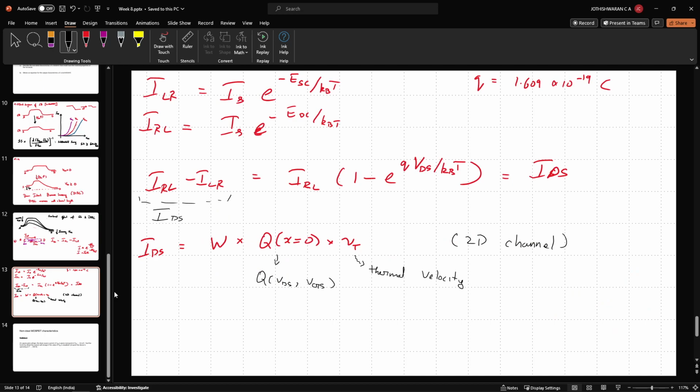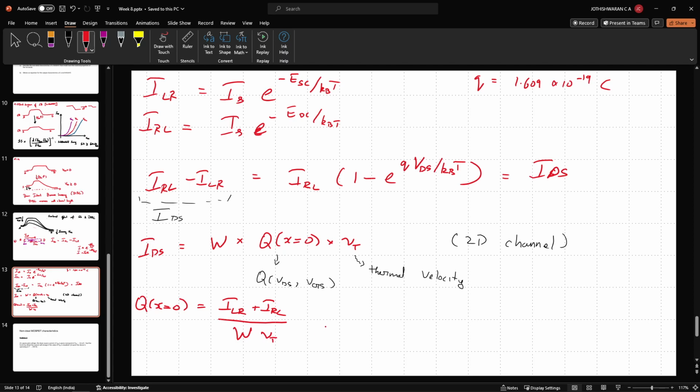Okay, so what I can write is Q at x equal to 0 can be written as ILR plus IRL divided by W times Vt.